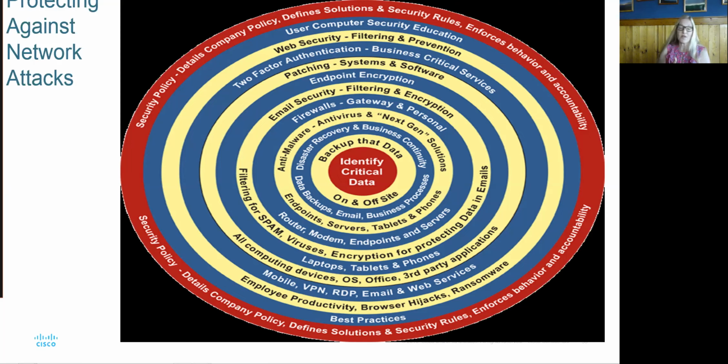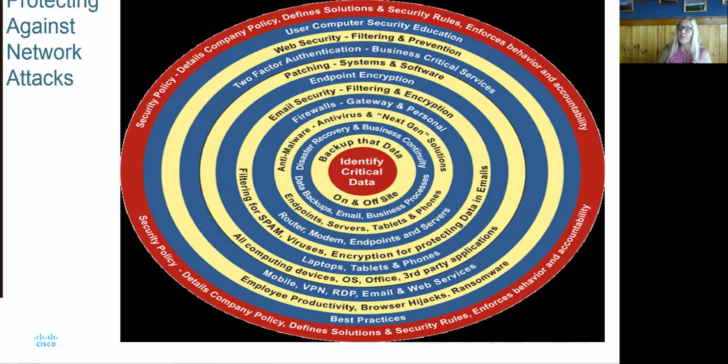Web security, filtering and prevention. You need to make sure that if you have applications and you're a software developer, those applications are developed with security in mind. And that includes having input validation and having error messages and exception handling managed properly.